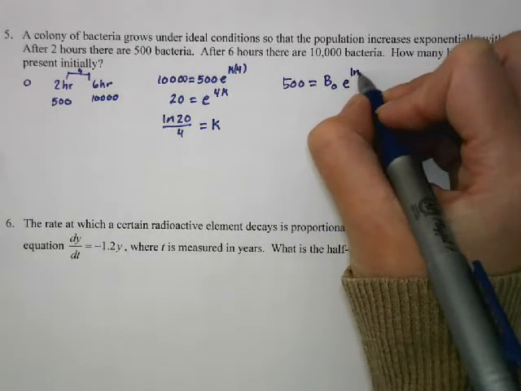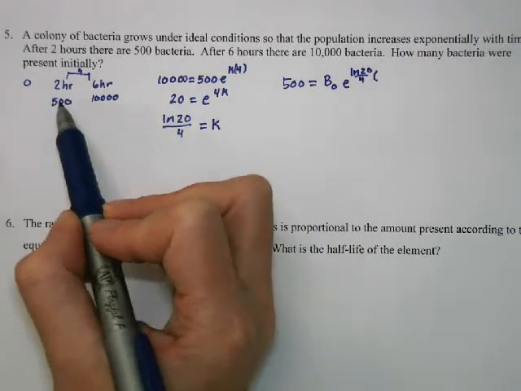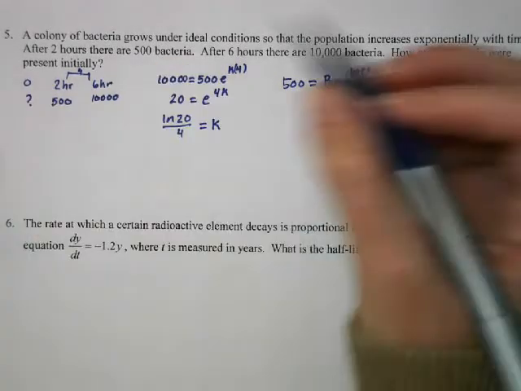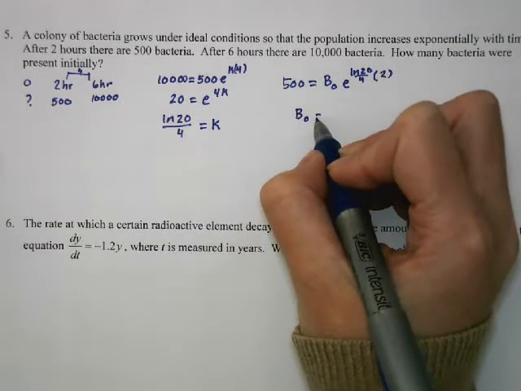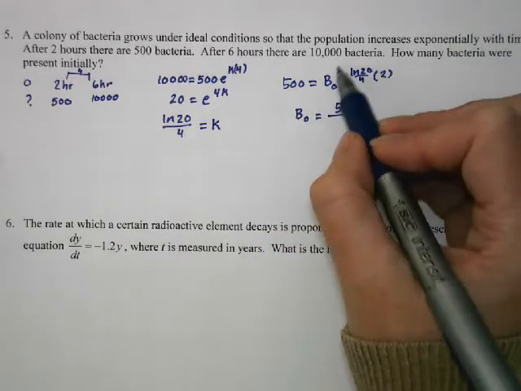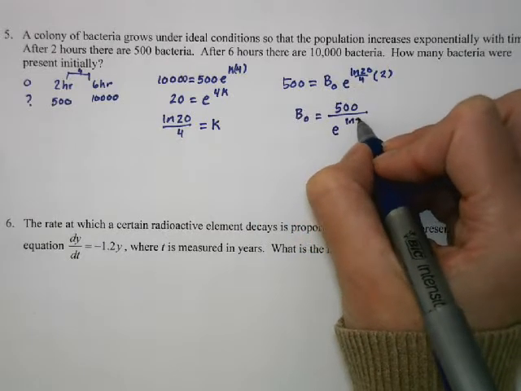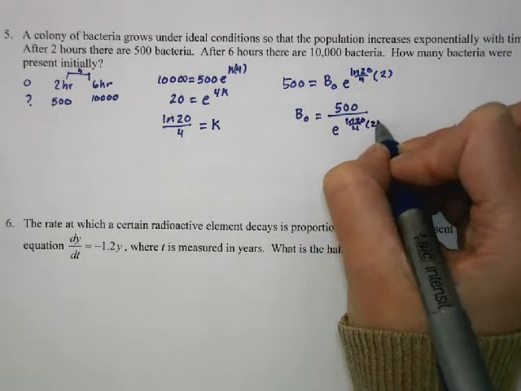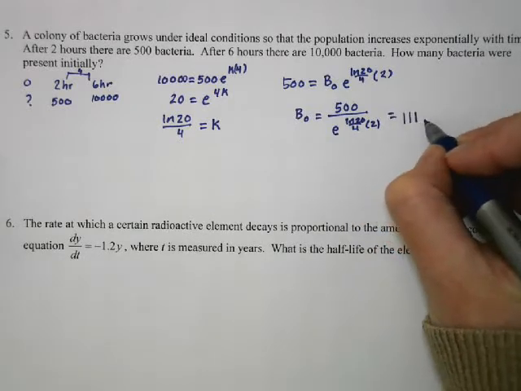The time it takes to go from 0 to 500 is 2. So our initial amount is going to be 500 divided by this whole thing, e to the natural log 20 over 4 times 2, which gives us 111.803 as our initial amount.